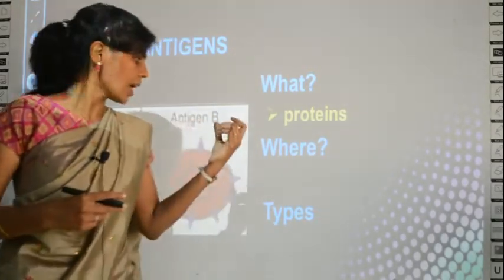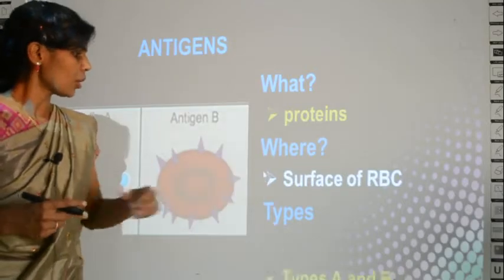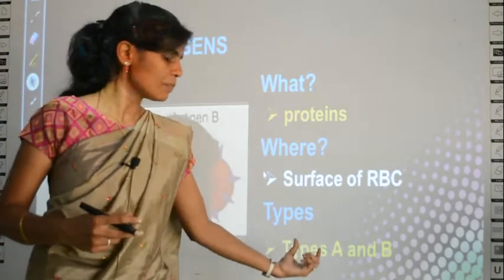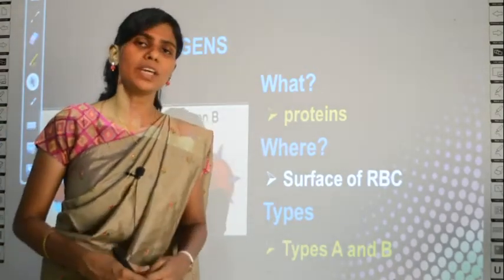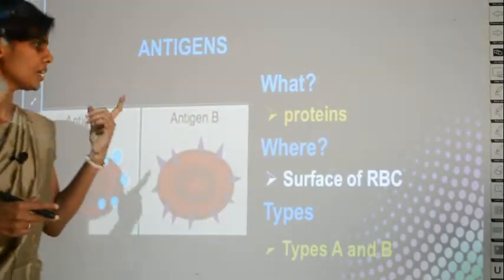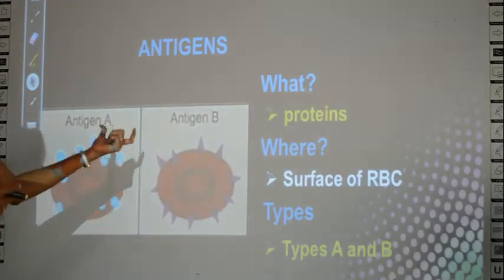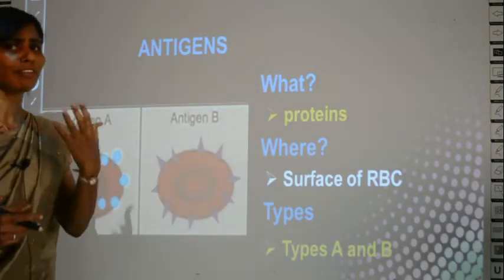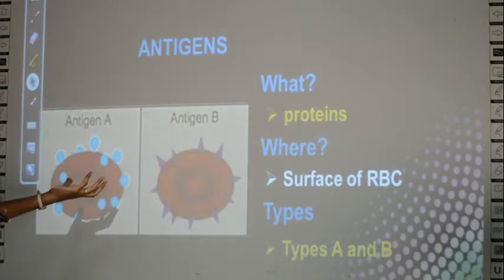These antigens are of two types called antigen A and antigen B. What are the two types of antigens? Antigen A and antigen B. See here, this is antigen A and this is antigen B. What difference can you observe in both of them?